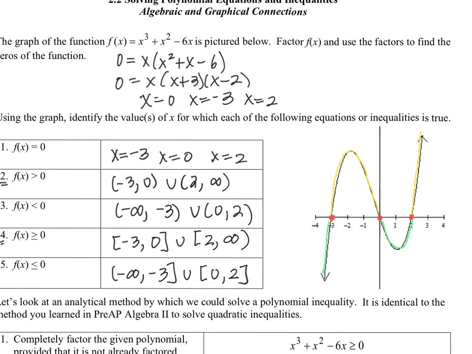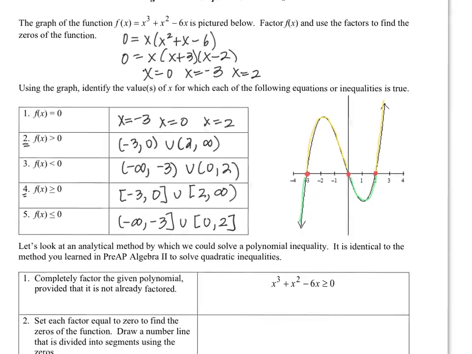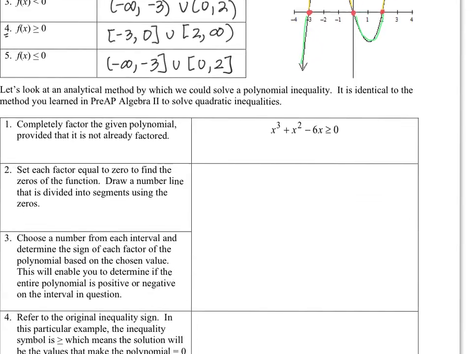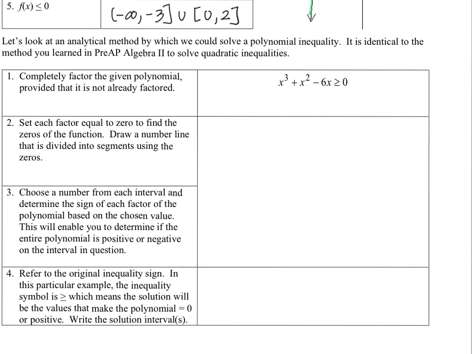So let's look at another method, an analytical method, to solve a polynomial inequality. If we have the picture, it's easy. I can just look at the picture and tell, but a lot of times we don't have the picture. So what do you do if you just have the equation? This is the same one, so we know what the answers are going to be, but I want you to see algebraically what you do.